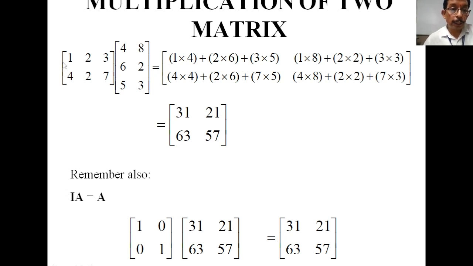Multiply the first row by the first column, then after addition we receive the first element of the first row. Then the first row and second column multiply to give the first row's second element. Then the second row and first column give the second row's first element, and the second row and second column give the second row's second element. It is clear, everyone?